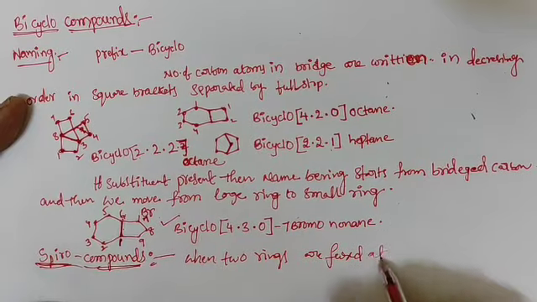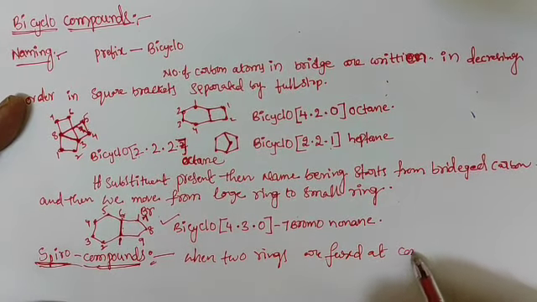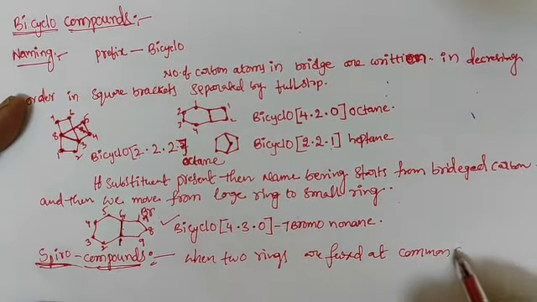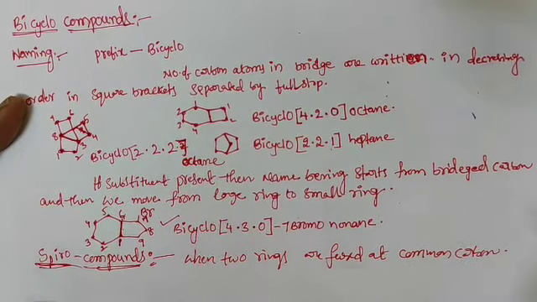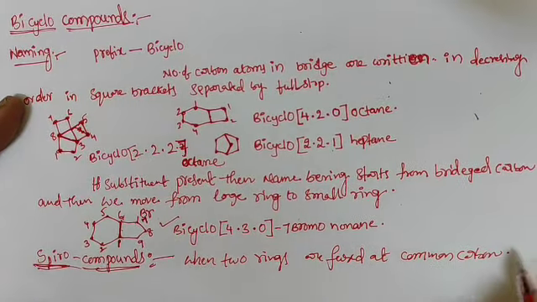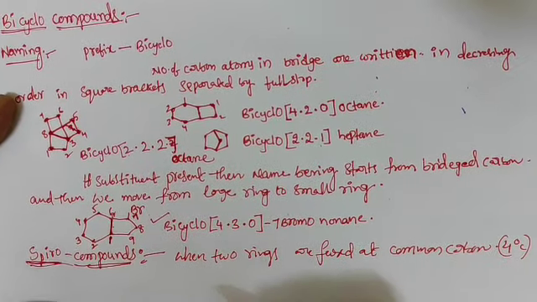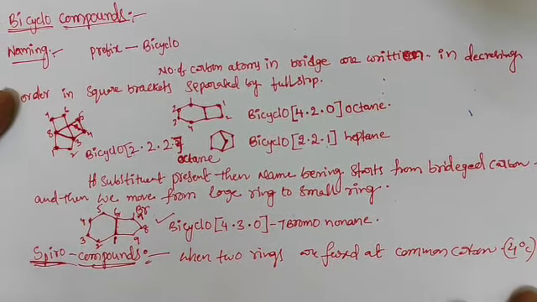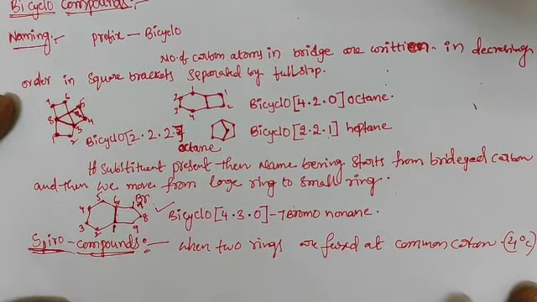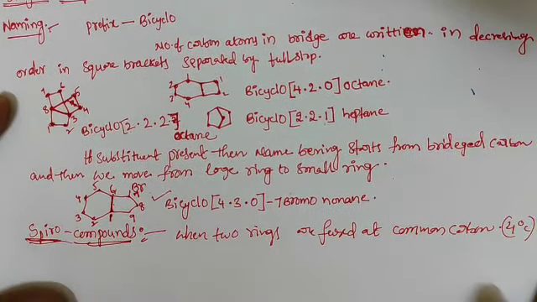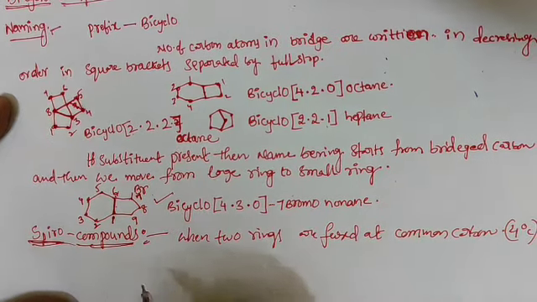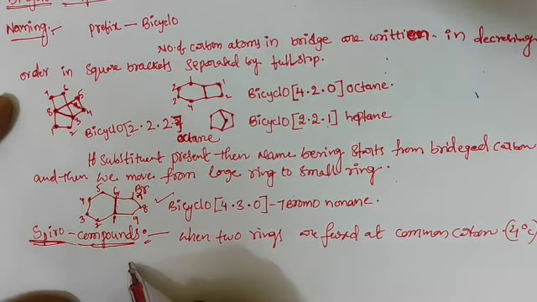Fused means at a common carbon. What is common carbon? That carbon is quaternary carbon, 4 degree carbon. Quaternary carbon means that carbon attached to 4 groups. See the example I will show you.